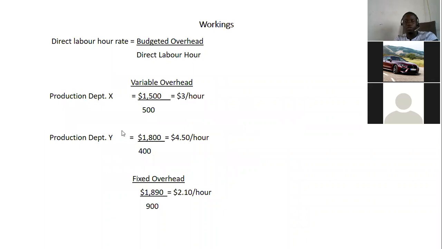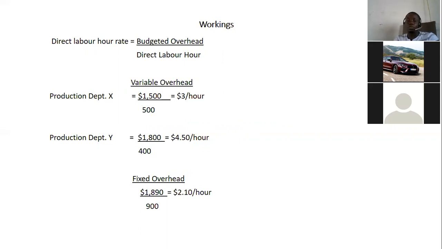The fixed overhead is 1,890. When we sum up the direct labor hours for X and Y, 400 plus 500 gives us 900. So now we've gotten the total direct hours.